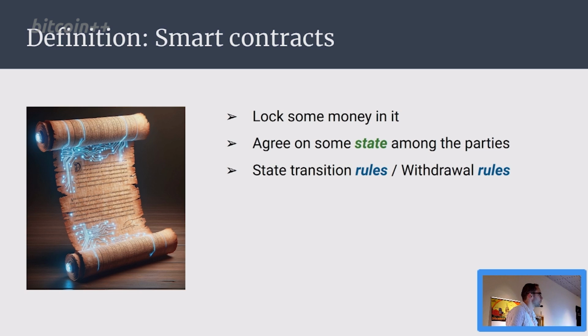If you imagine a program, it could be a chess game, it could be a game of tic-tac-toe. And then you want some state transition rules or withdrawal rules, meaning you want to specify how the contract state can be changed by the parties in the contract. So you do a transaction, and this transaction modifies the state of the contract. This is basically an abstract definition of what a smart contract is.